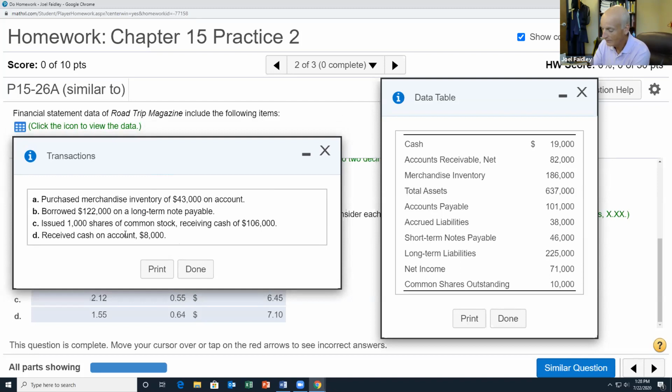Plus 106, and I'm going to divide that by 185,000, and I did something wrong because my numbers messed up. 287 plus 106 divided by 185 is $2.12.